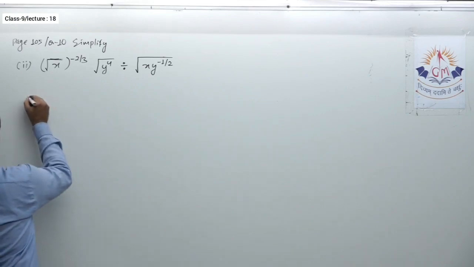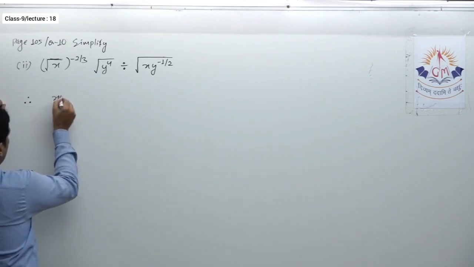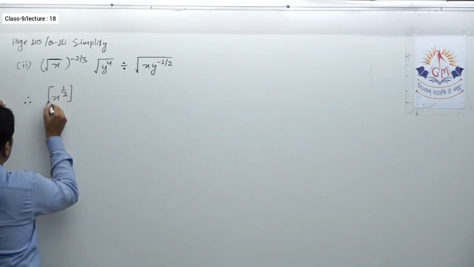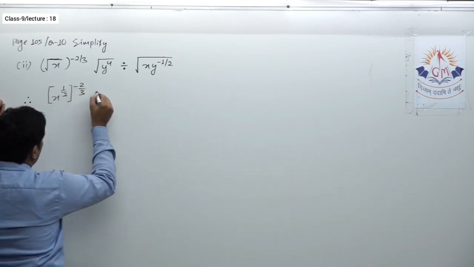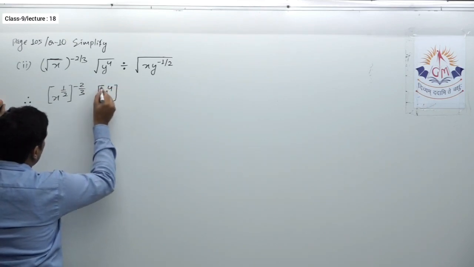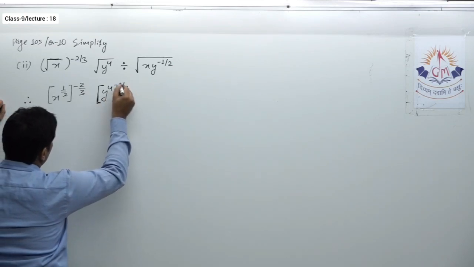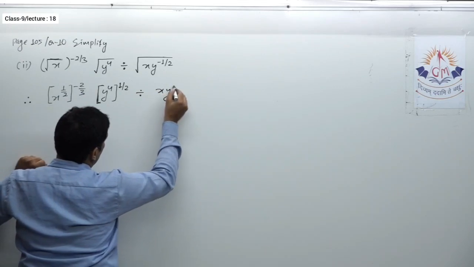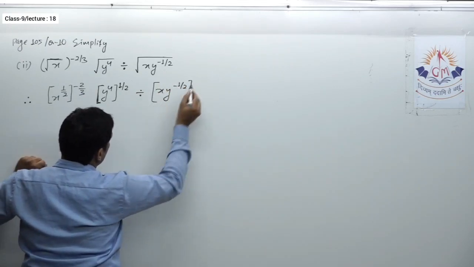So here I can write x raised to 1 by 2 raised to minus 2 by 3, y raised to 4 raised to 1 by 2. Whenever root sign is there, we do write in this way. Now over here, x, y raised to minus 1 by 2, raised to 1 by 2.